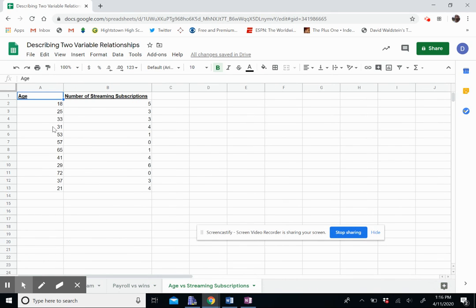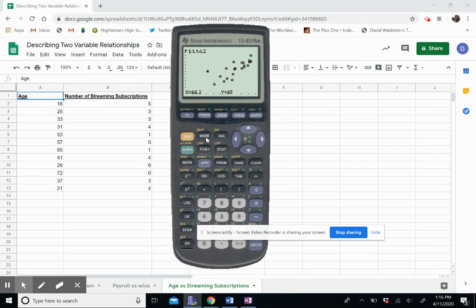This one is a bunch of people who were polled on their age and how many streaming subscriptions they have. We're going to do the same thing in here. We're going to go into edit. Remember, if you want to delete your data, hit clear, highlight the header, and then hit clear and enter, and it'll clear that data.